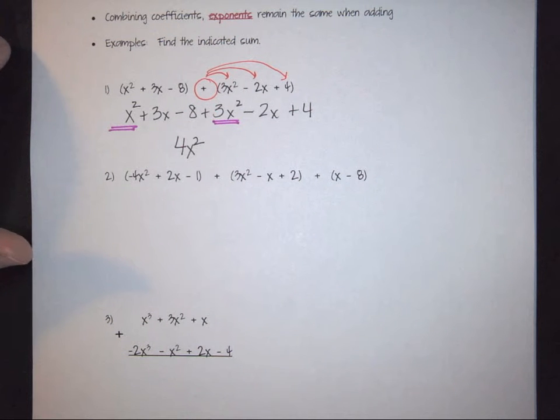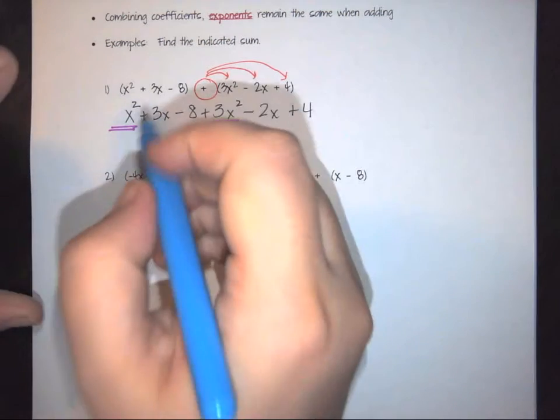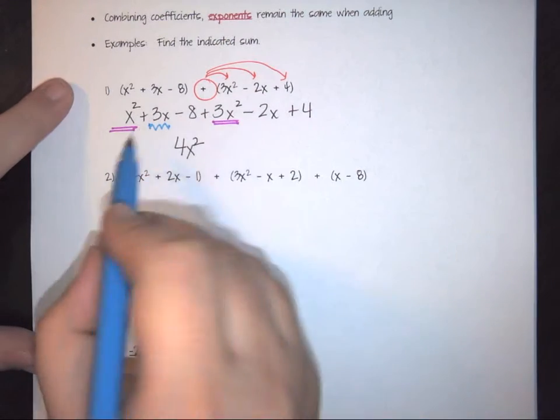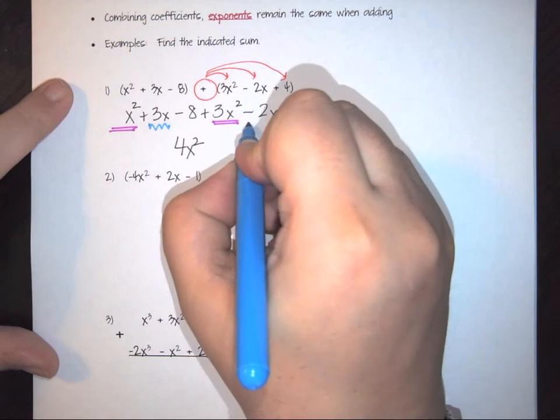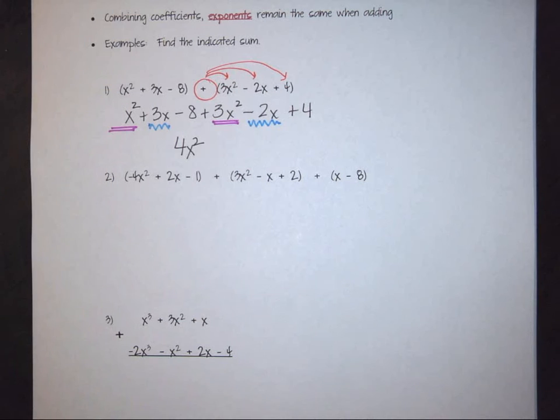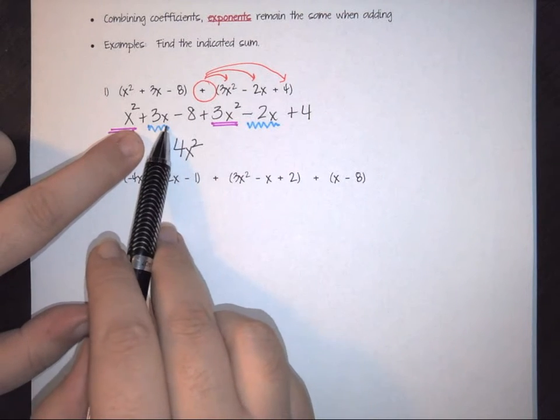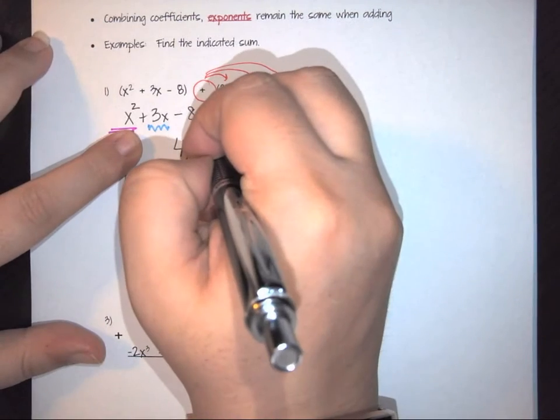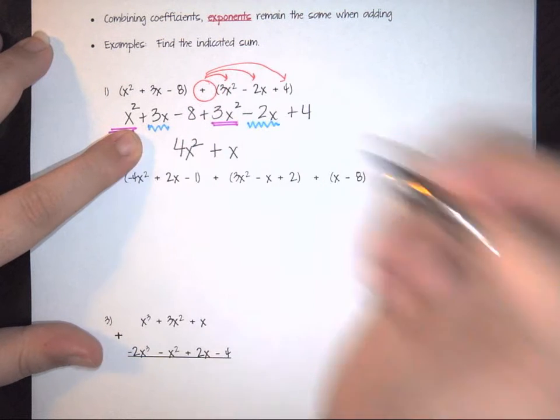Now the next thing I have to look at is this 3x, or this x term. In looking through everything else, notice I have another x term. So again, I have to add those together. Here I have 3x plus negative 2x is going to leave me with just x.